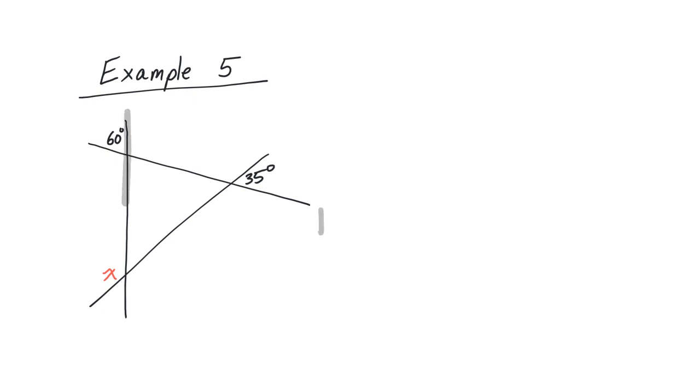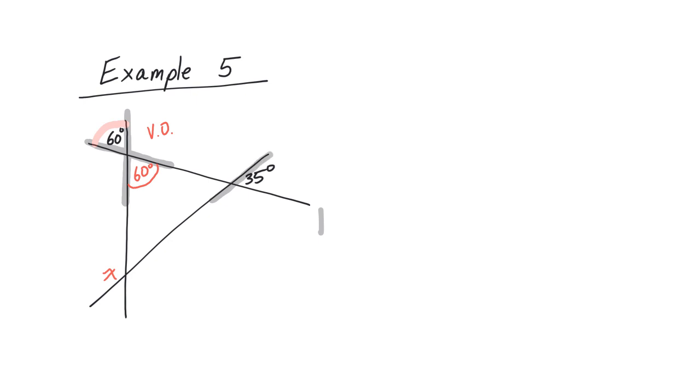Here, I have an intersection of 2 different lines. If I know that this part is 60 degrees, that means that this part must also be 60 degrees because it is vertically opposite.